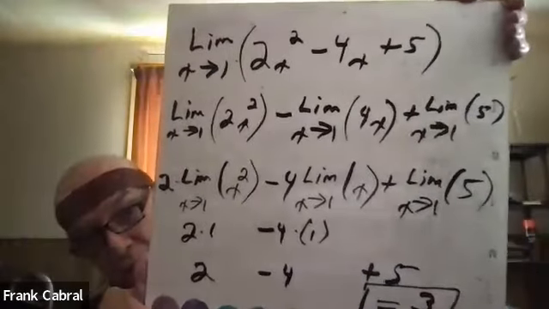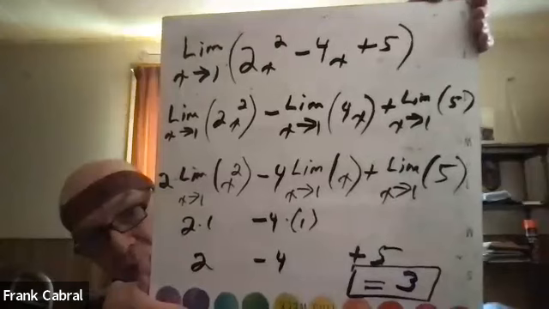And the last one, the limit as x approaches 1 of 5 is just 5. So the answer here is that the limit is equal to 3. So it's 7 minus 4. And so the limit is equal to 3, which is the same thing that you would have gotten if you had substituted x equal 1 into the original function without using the limit laws.